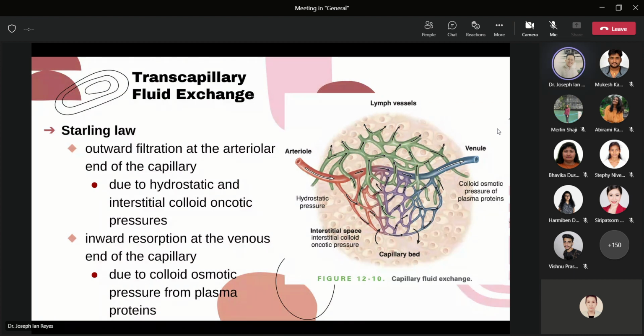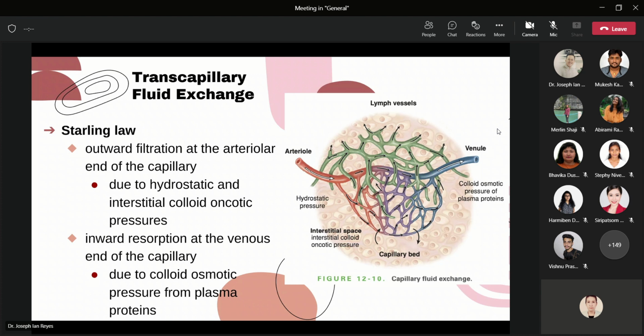Okay. So recent studies have demonstrated greater complexity in capillary dynamics and relationships between your endothelial capillary lining, the interstitium and lymphatic drainage. But basically, Starling's law still applies, but it is more complex in different areas of the body.